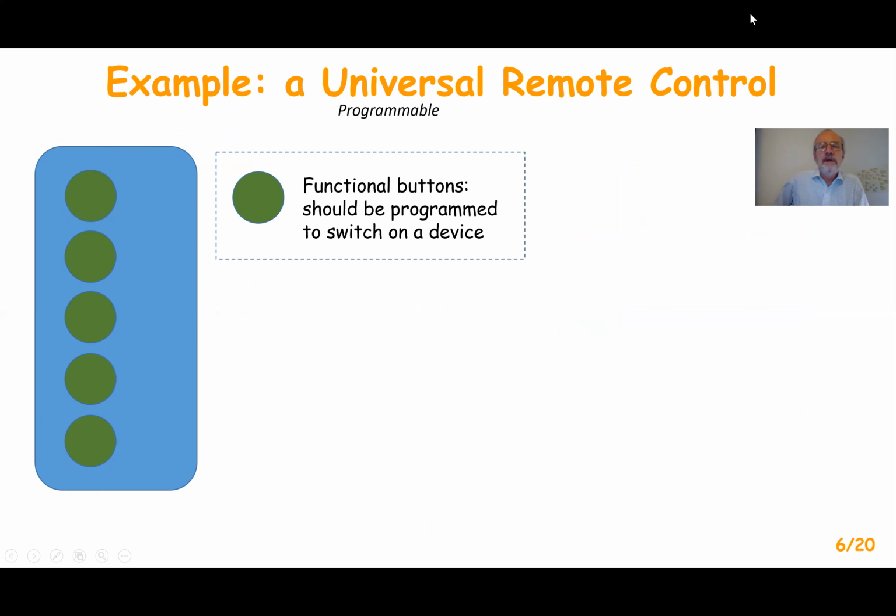So the example is a universal remote control. Of course, you use various remote controls in your life. The most popular example is the TV remote control, or, for example, in my apartment, I have an air conditioner, and I have a remote control for that air conditioner.